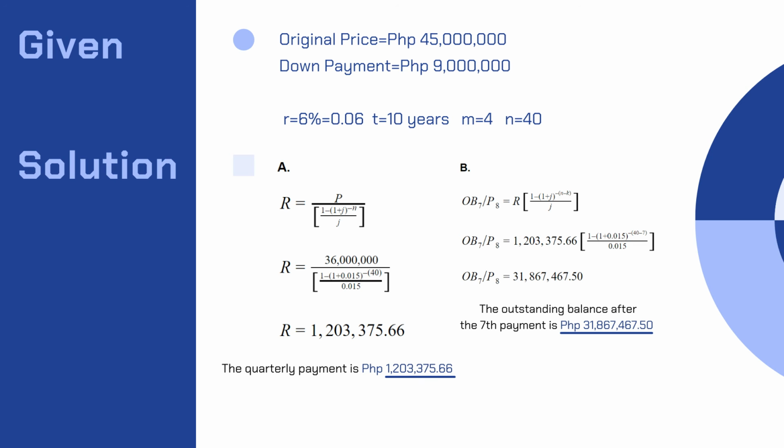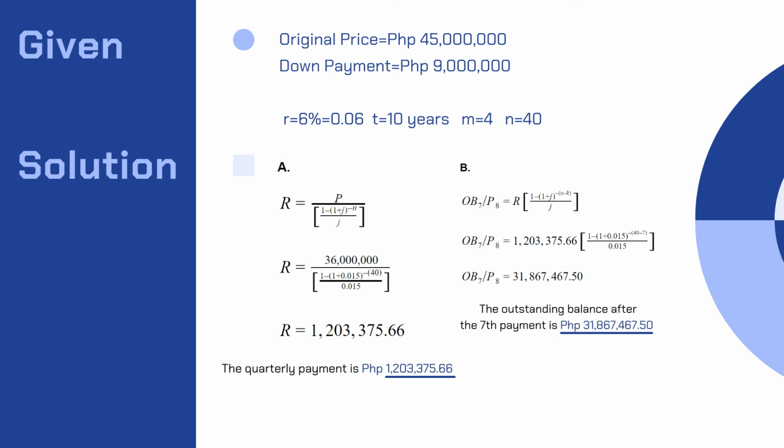For B, the question is how much is the outstanding balance after the 7th payment. To solve for this, we will solve for the principal value of the 8th payment using the formula R times the quantity of 1 minus the quantity of 1 plus J raised to the quantity of N minus K. Here, K is the number of payments already made.